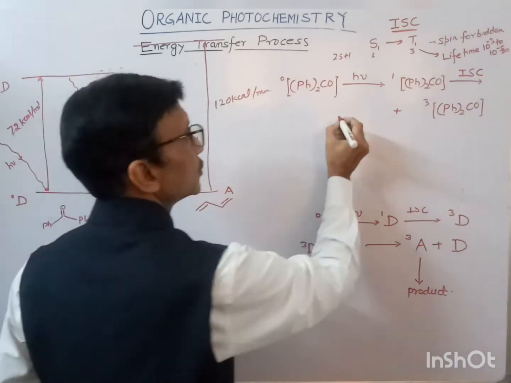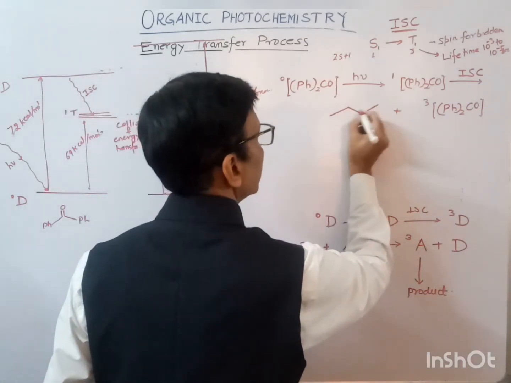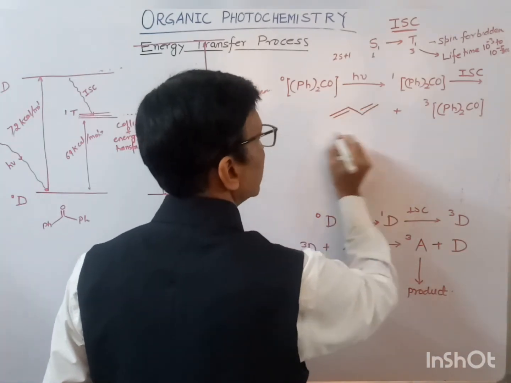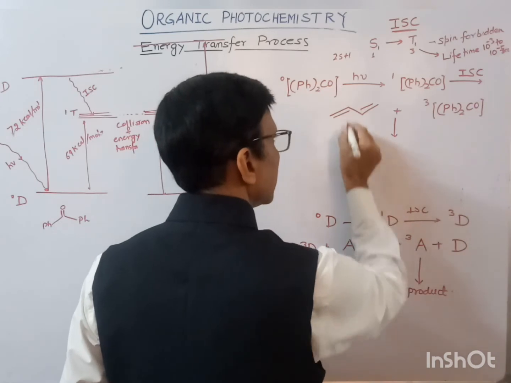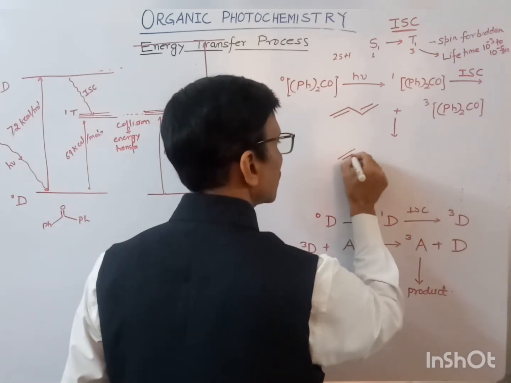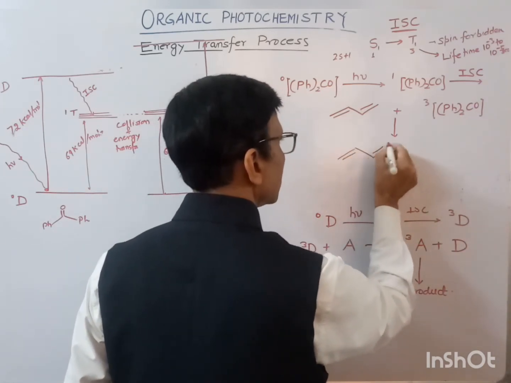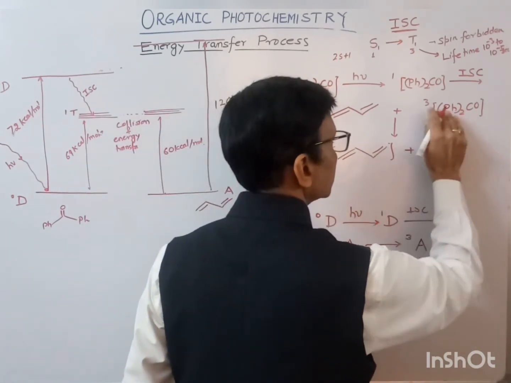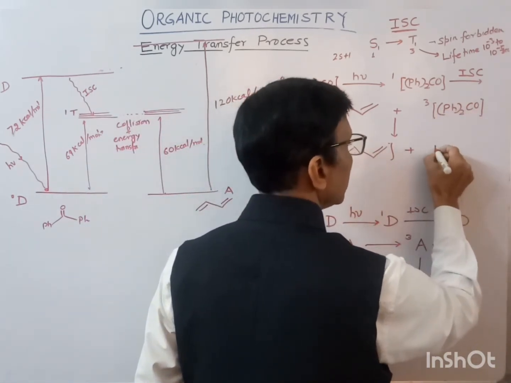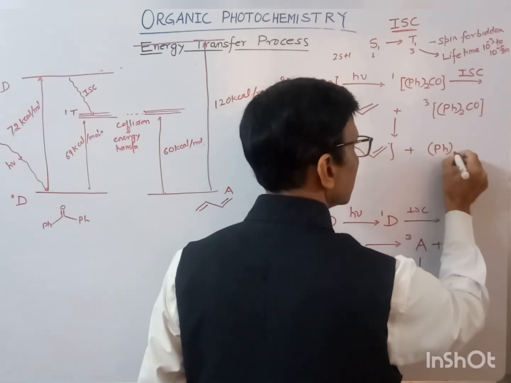This is the acceptor molecule, that is butadiene. After interaction, the acceptor will go to the excited state, and the donor loses its energy and comes back to its ground state.